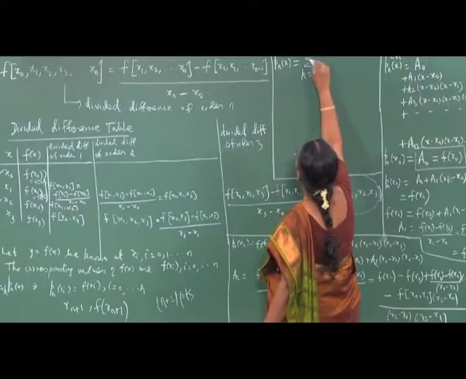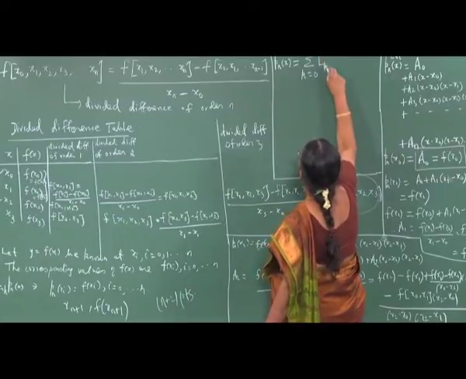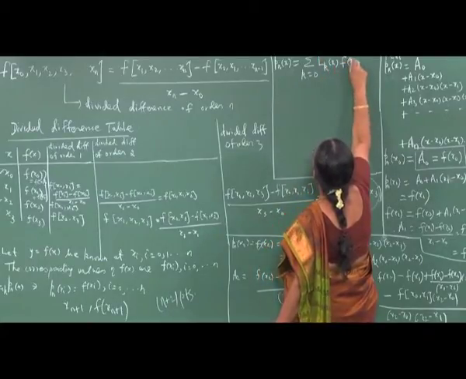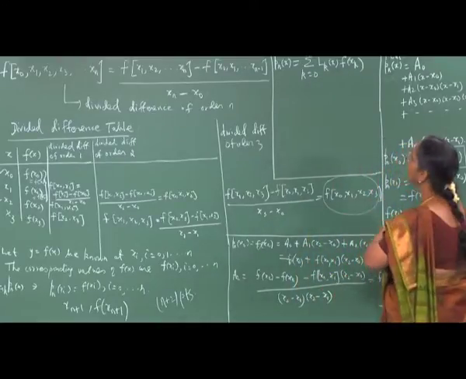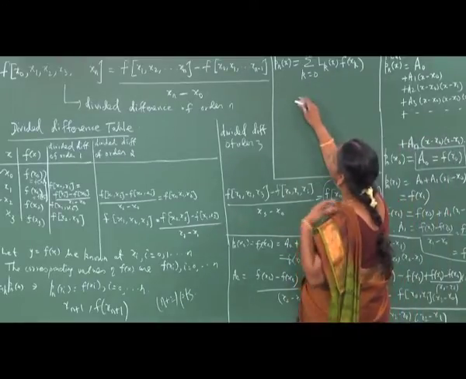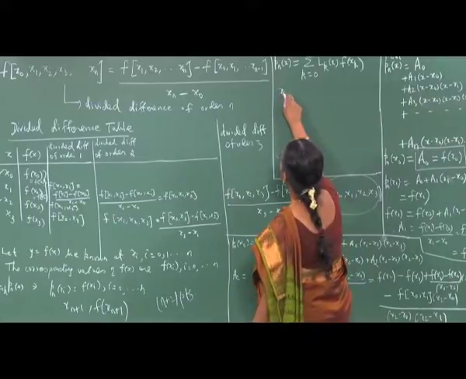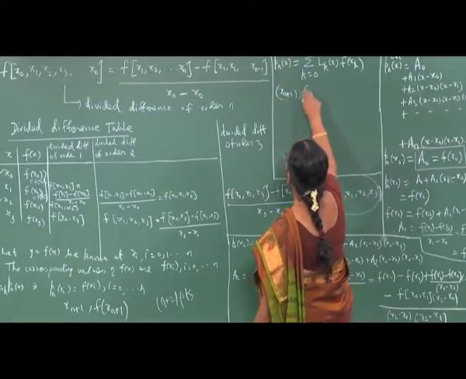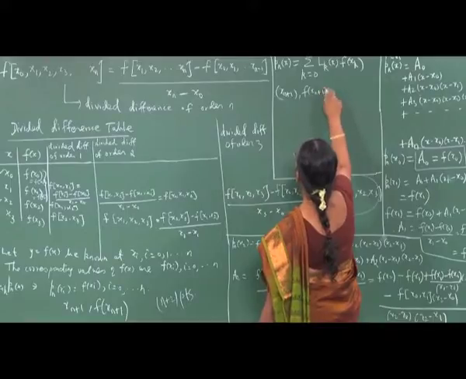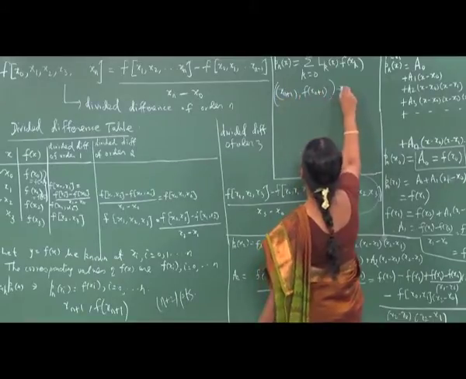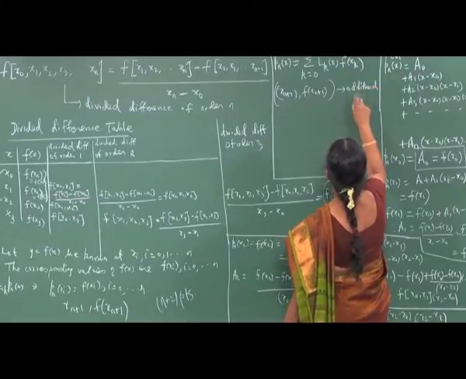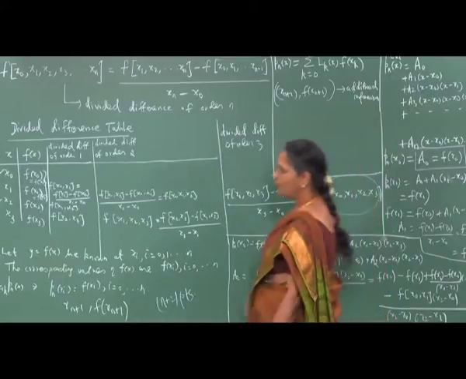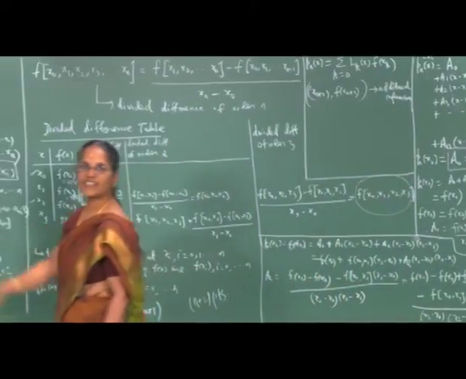It is nothing but sigma k is equal to 0 to n Lk of x into f of xk, where Lk of x can be written down. Now, you are given information, say at xn plus 1, and the information is f of xn plus 1. This is an additional information, right? The question is, can you do something like what you have done in the case of divided difference table?